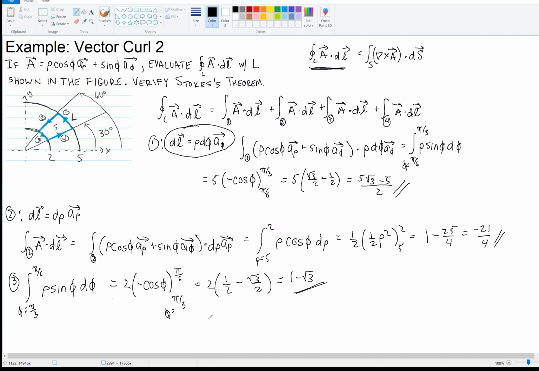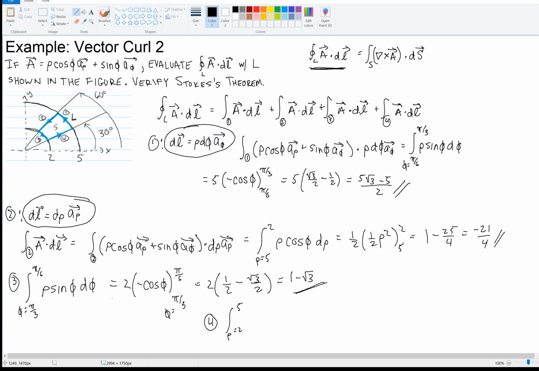Now let's do segment 4, and again I'm going to do segment 4 quickly, like I did segment 3. What is changing in segment 4? That's the radius. When the radius changes, dl is this thing, d rho a rho, just like we had in segment 2. So now rho goes from 2 to 5.